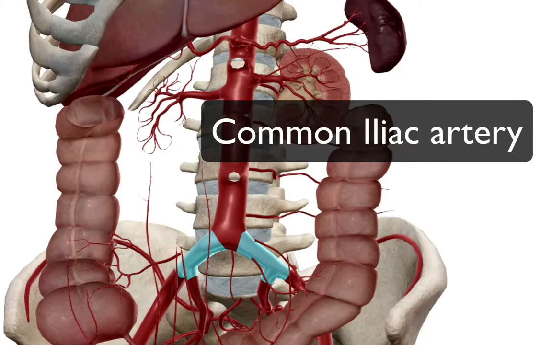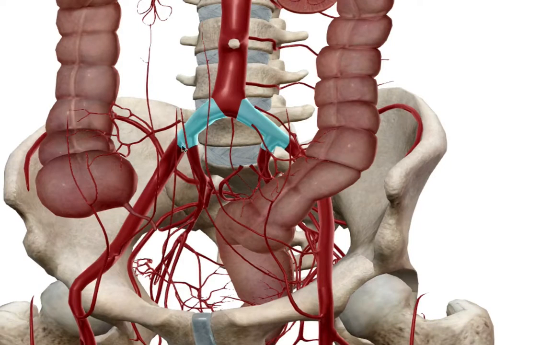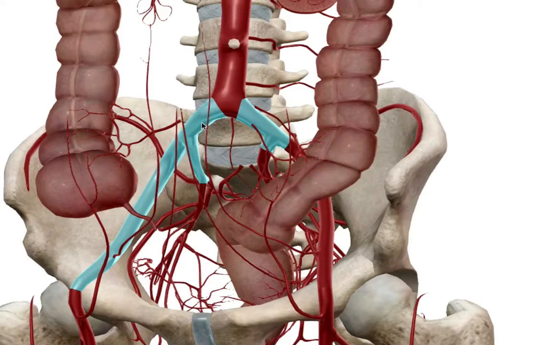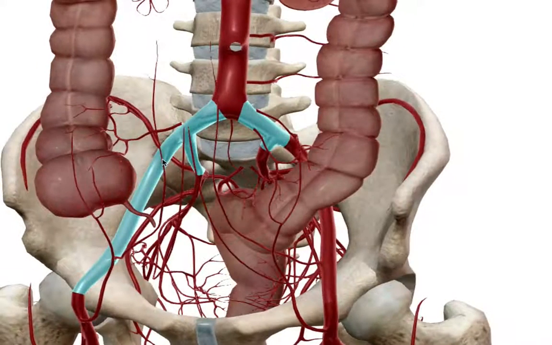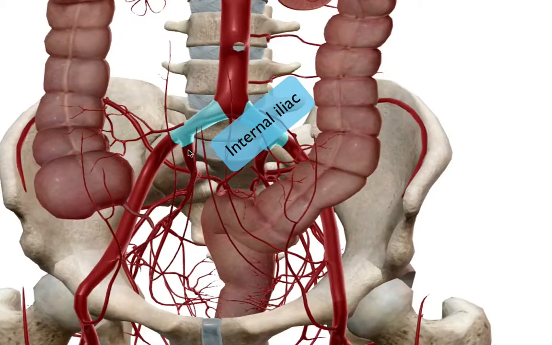So just below the inferior mesenteric artery, which we'll remove, you have what's called your common iliac. The common iliac is called that because the external iliac and internal iliac have this particular artery in common. So the common iliac divides into two branches. You have the smaller branch, the internal iliac.